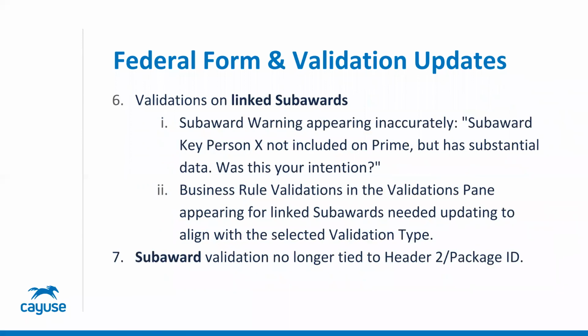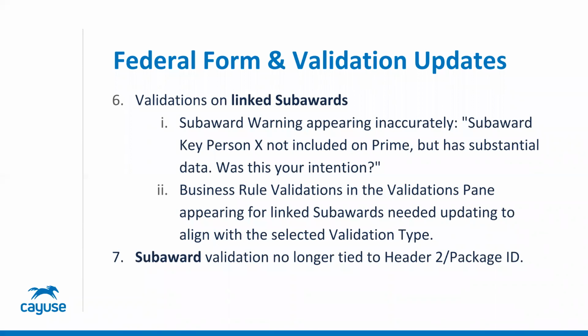Last but not least, a couple of validation changes having to do with subawards. The first one is that we were firing a validation with the wrong timing. So sometimes you were seeing on a linked subaward an inaccurate validation message telling you that the key personnel were not included in the prime, but they actually were.